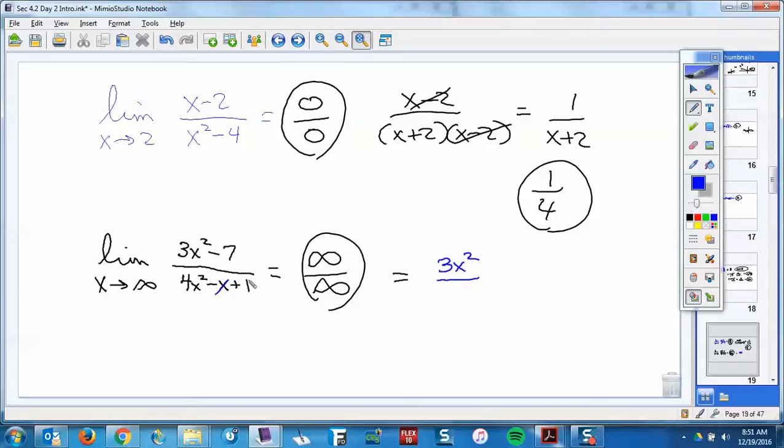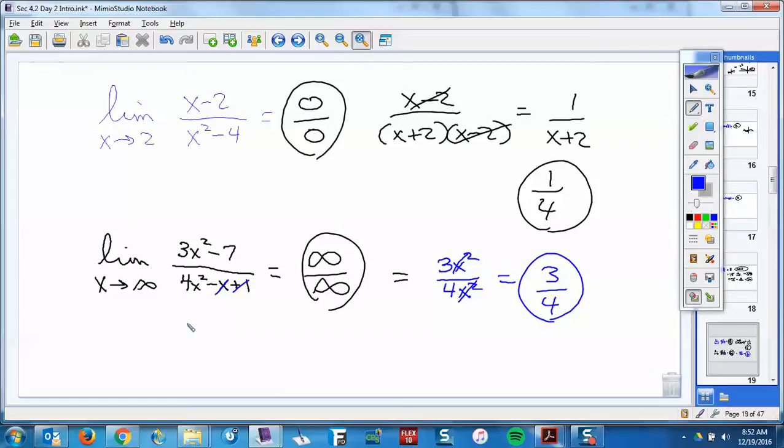On this one, neither of those two really matter, so it's just 4x squared, because if you have 4 billion minus a million, it's unimportant, right? What we talked about on Friday. So it just reduces to this, or like they said in the video, just take the coefficient of the highest power, because that's all that really matters. And that is your answer. And that would be a horizontal asymptote.